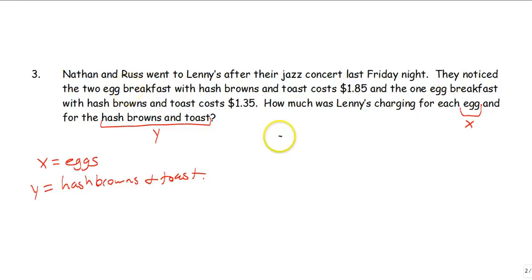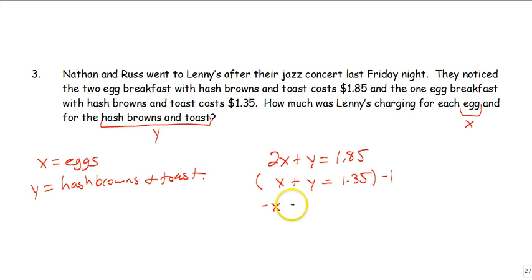So it says 2-egg breakfast, so 2 eggs plus the hash browns and toast equals $1.85. We also know 1 egg and a hash brown and toast equals $1.35. So here's our setup. We just now have to solve this. You guys should be able to do that. Let's multiply this by -1.